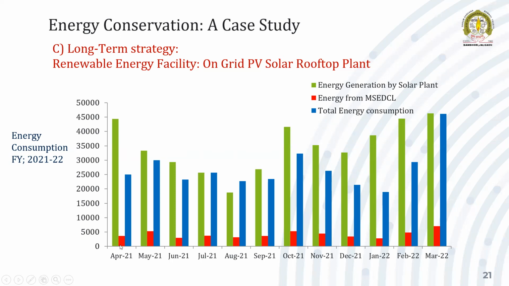Here, most of the energy, around 70%, is for the year 21-22. No doubt, we have more capacity. So the entire energy we have taken from our own solar power plant, and very little energy we have purchased from the MSDCL.